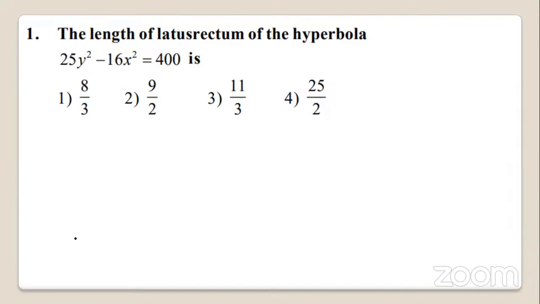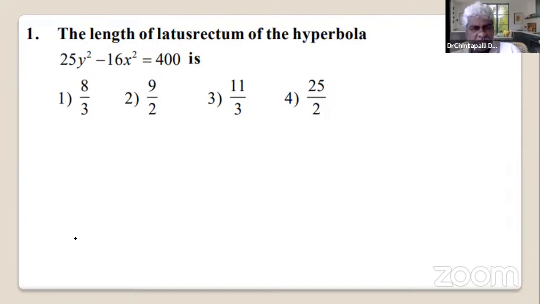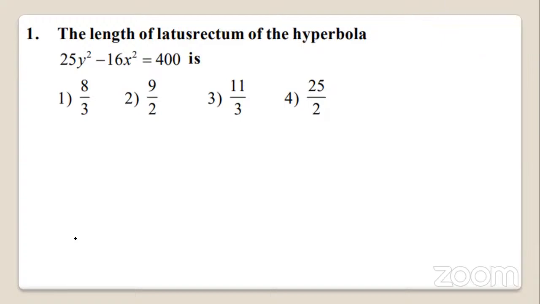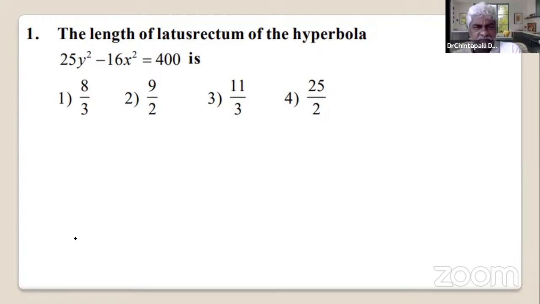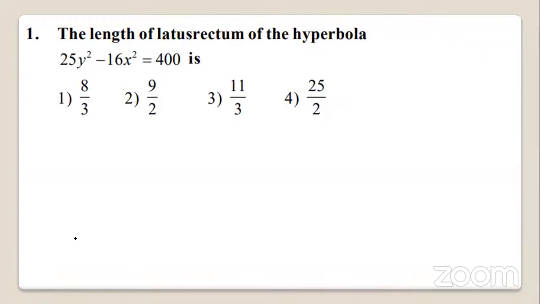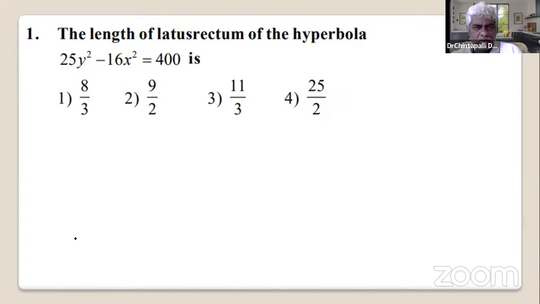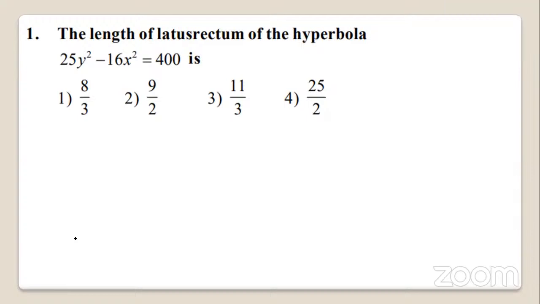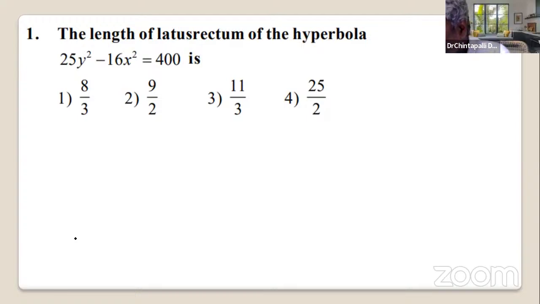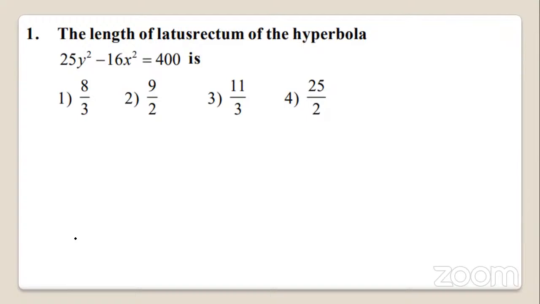Is it 32 by 5, sir? 2a square, 2 times 16 by 25. Have you observed that here the y square term comes first? So does it have to be flipped?